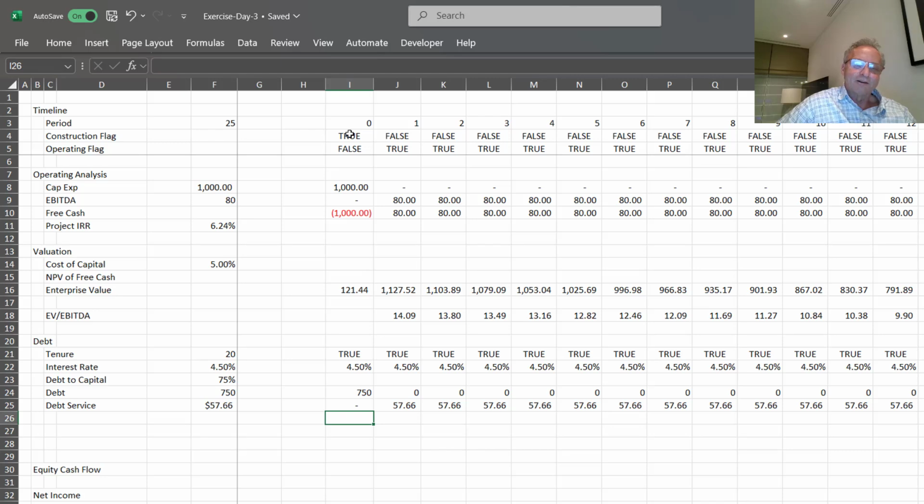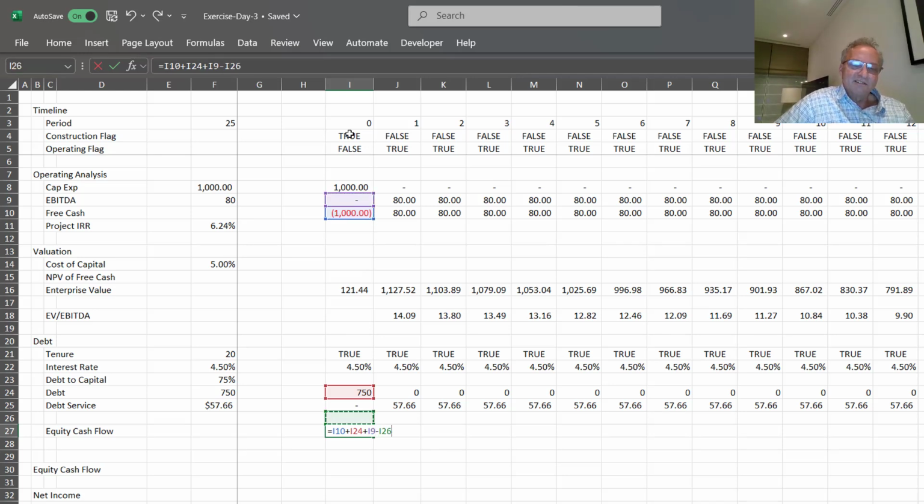And that means the equity cash flow is the capex plus the debt plus the EBITDA minus the debt service.